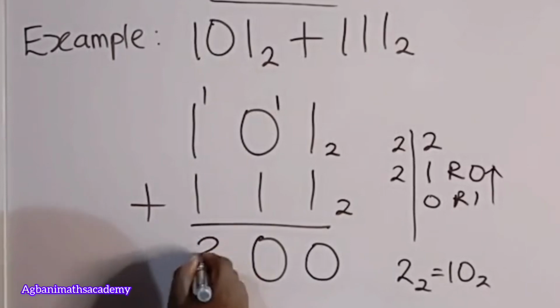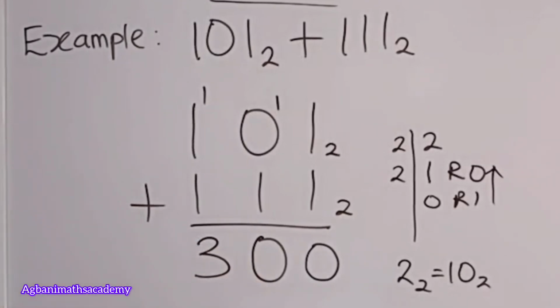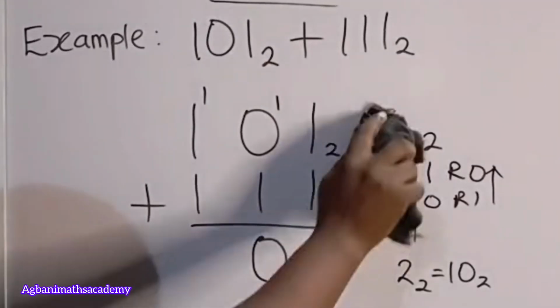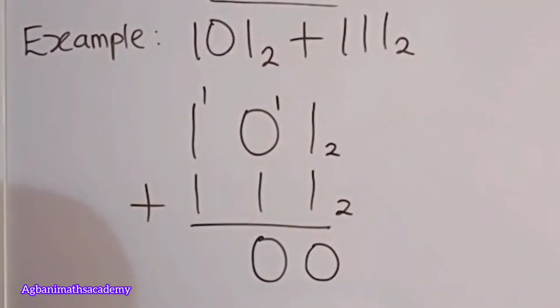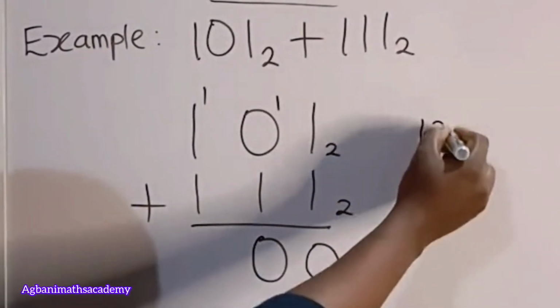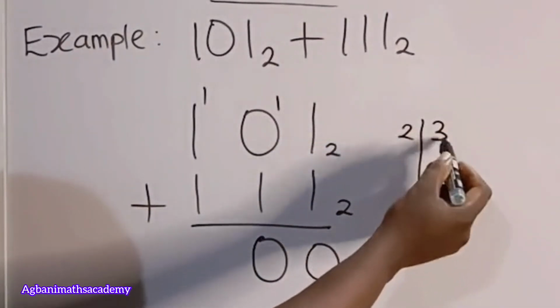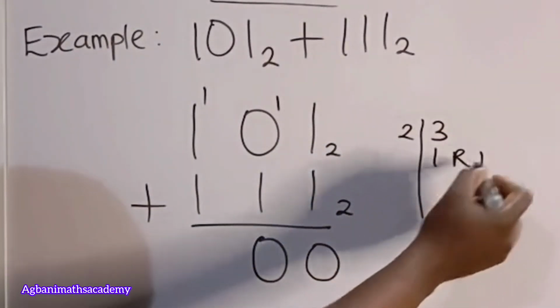Can we write 3 here? We cannot write 3 here. The reason is that base 2 does not contain the number 3. So we have to convert it. 3 divided by 2 will give you 1, remainder 1.